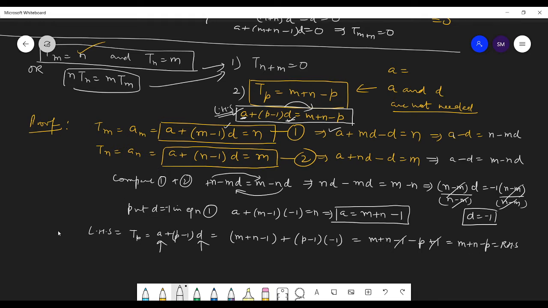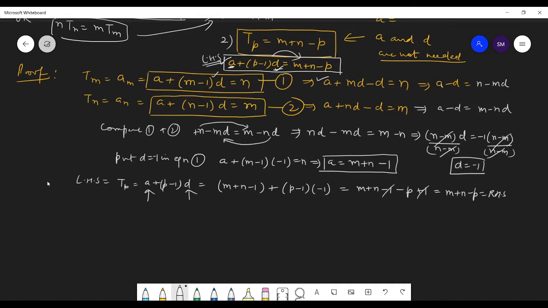Okay, let us do some questions based on them. First question: in an AP, the 15th term is 10 and the 10th term is 15.